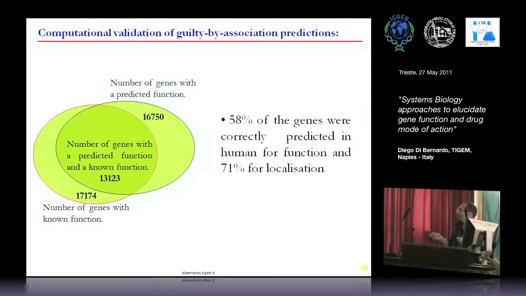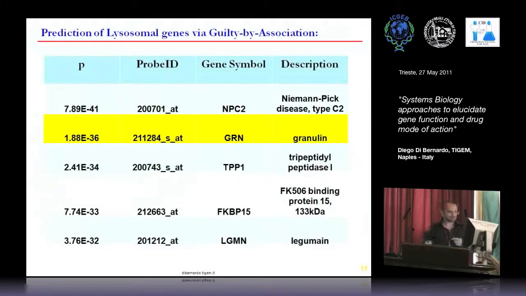And depending on what we were trying to predict, we were correct 60 to 70% of the times. So this is just to say that this network can provide you with some hypotheses on the function of your gene, because you can look at the genes with which your gene of interest is co-regulated and make some hypotheses.